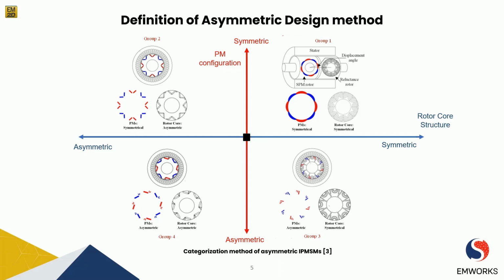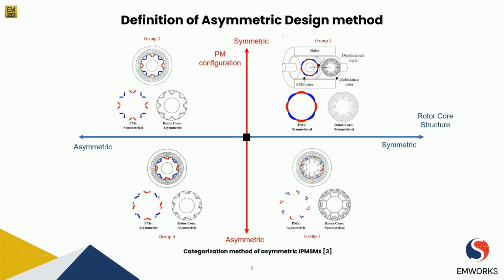As you can see here in group 1, we have a combination of permanent magnet and rotor core, where both have symmetrical configuration and structure, but there is a displacement angle, and the rotor part is asymmetric in the axial direction. As you can see, the first part of the machine is like an SPM motor, surface permanent magnet motor part, and the end of the rotor is a reluctance rotor. And as you can see, there is asymmetricity in the axial direction.